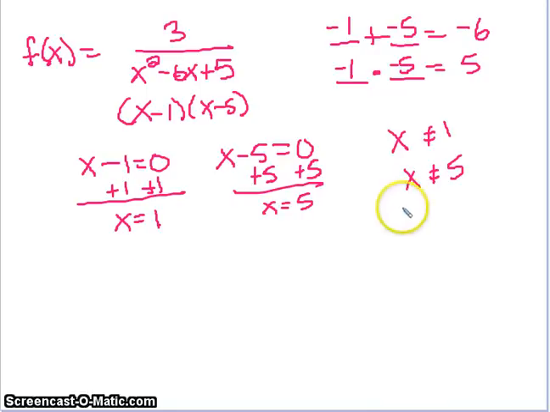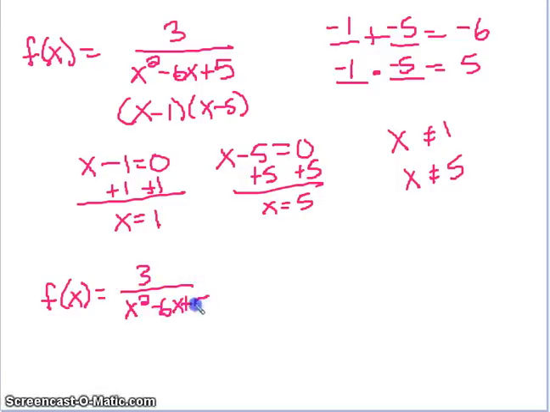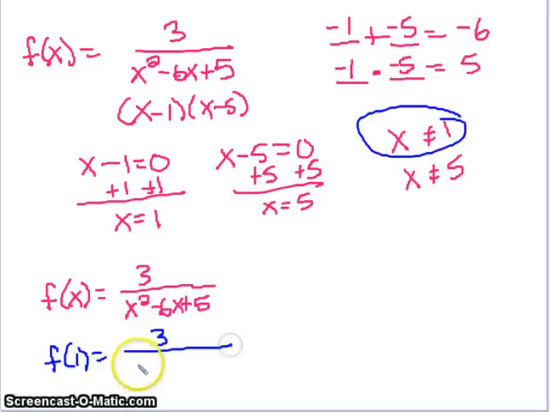Now, why does that matter? If I was to evaluate this function, 3 over x squared minus 6x plus 5, and I wanted you to find what happens if x equals 1, so we want to do f of 1. I'm going to have 3 over 1 squared minus 6 times 1 plus 5.